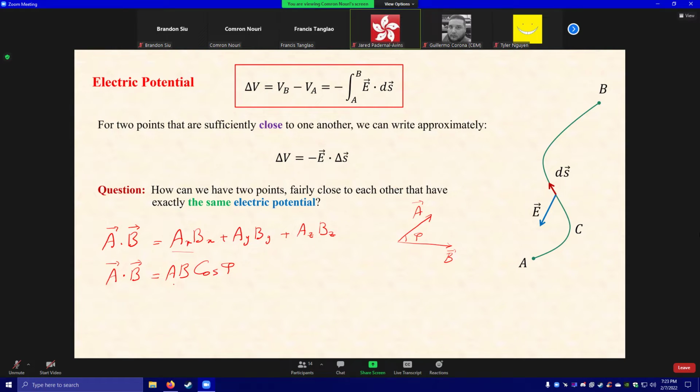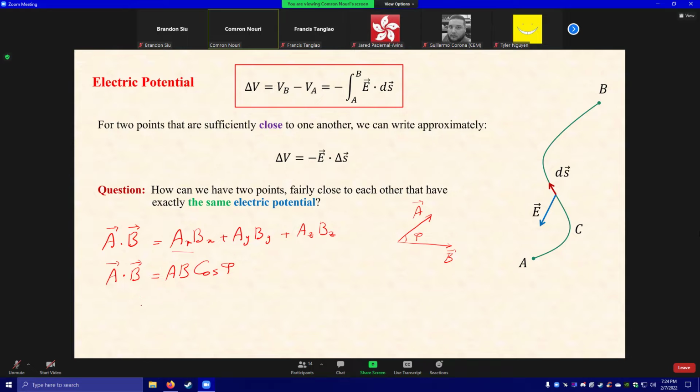Yes, it is possible. If phi is equal to 90 degrees, the cosine of 90 degrees is zero. So you can have two non-zero vectors dotted with each other, and the result will be zero.